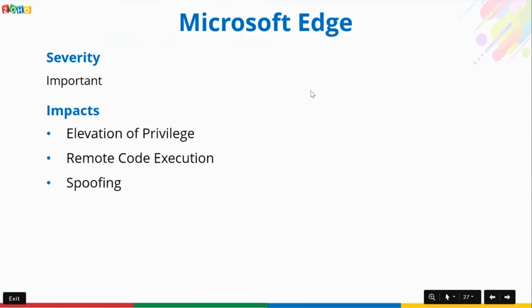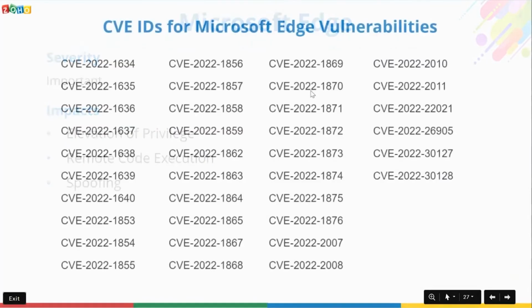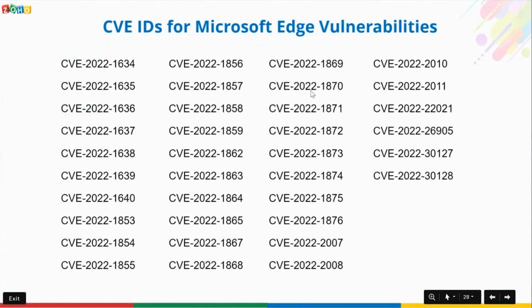This happened yesterday, and Microsoft has urged its loyal Internet Explorer users to shift to Microsoft Edge. Moving forward, these are the CVEs for the Microsoft Edge vulnerabilities patched this Patch Tuesday.